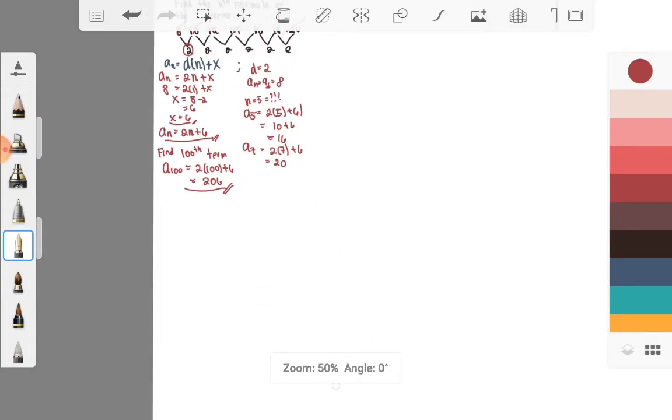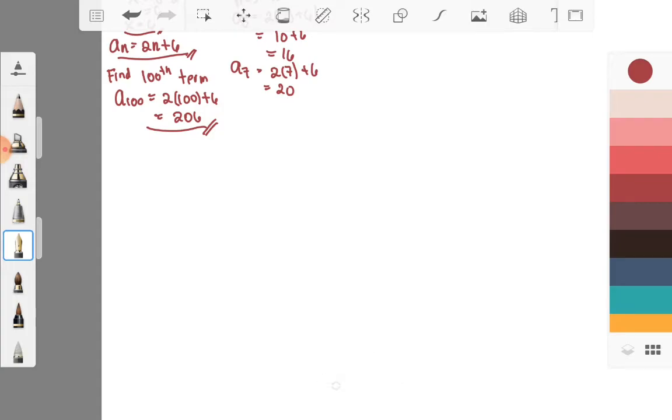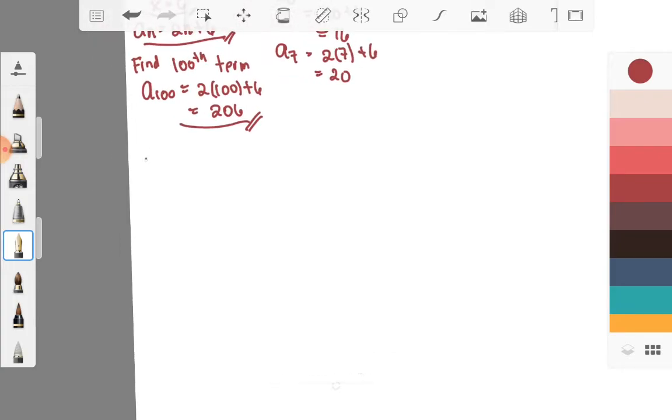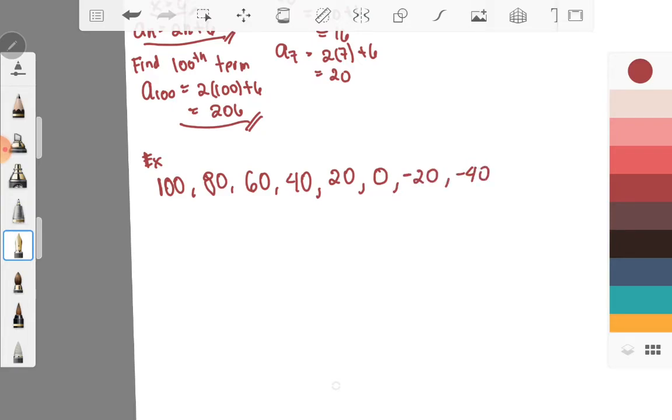Okay, example number 3. So let's have a sequence: 100, 80, 60, 40, 20, 0, negative 20, negative 40.